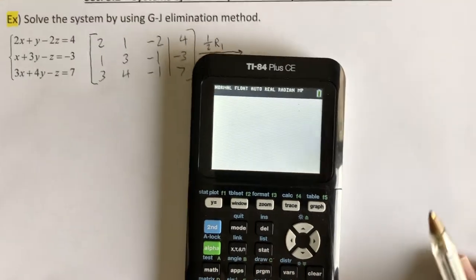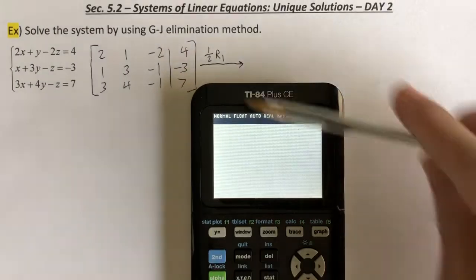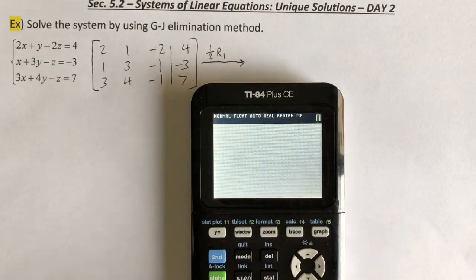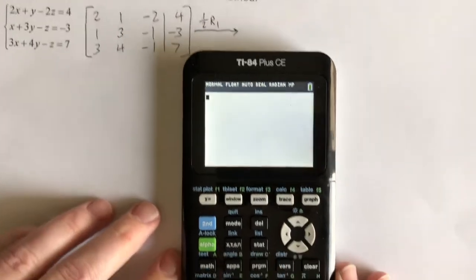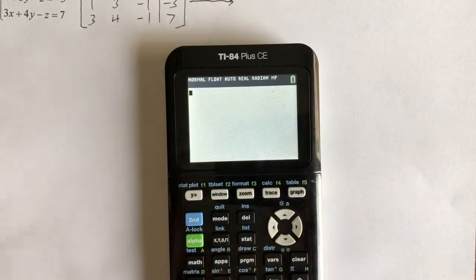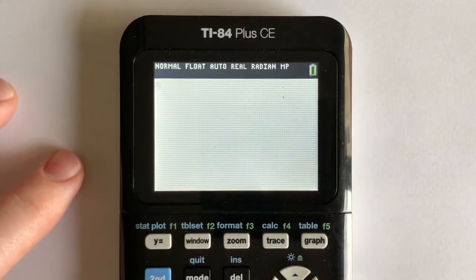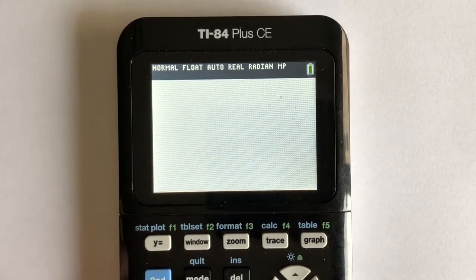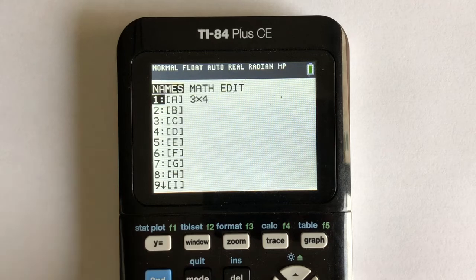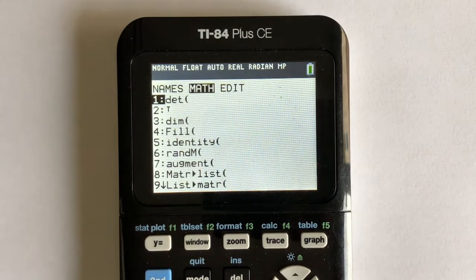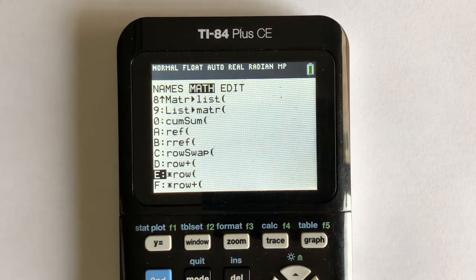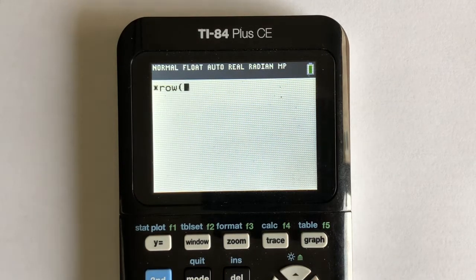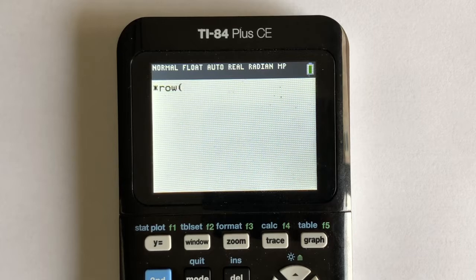All right, so let's go ahead and perform this first row operation using our calculator: 1/2 R1. Here's what that would look like. Second matrix, go to your math tab, go up until you see times row, hit enter, and then the multiplier is 1/2.